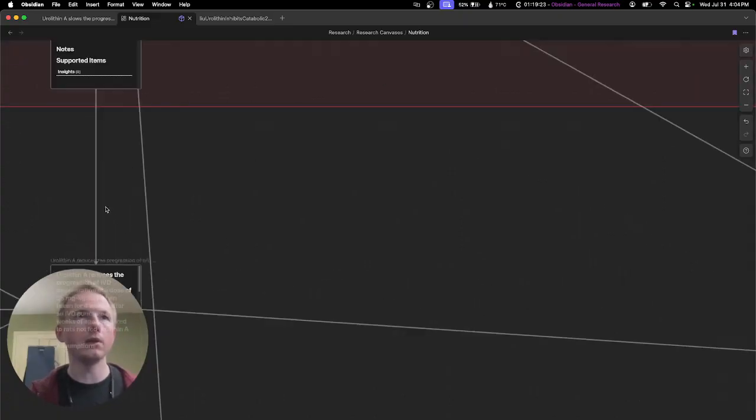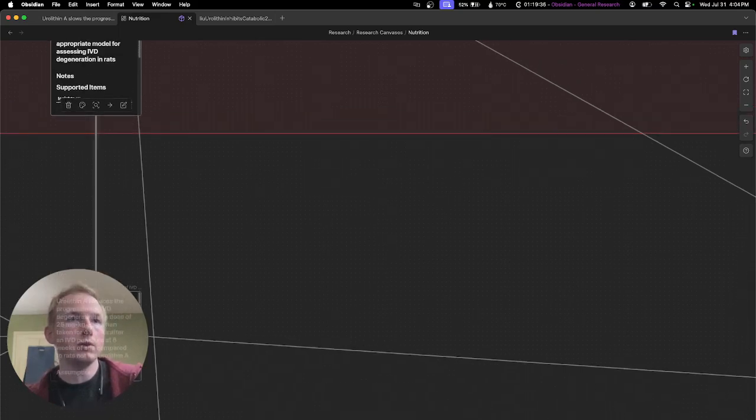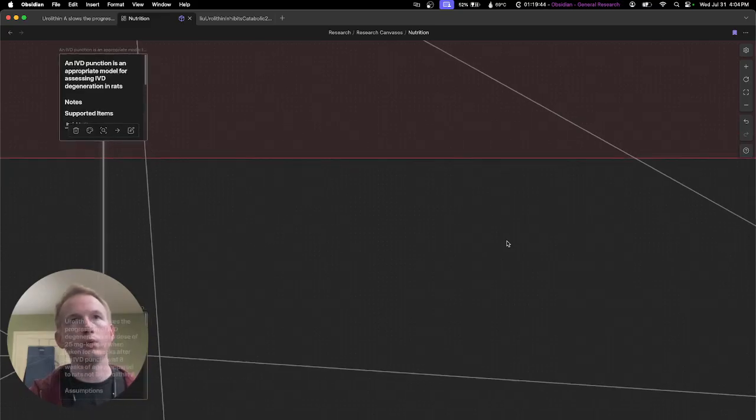Oh, there's another update we'll need to add to a future dedicated video on the system. It was pointed out to me, luckily, that the arrows should be going from the assumptions to the insights or to the takeaways instead of the other way around, because really, arrows point towards whatever they're supporting.